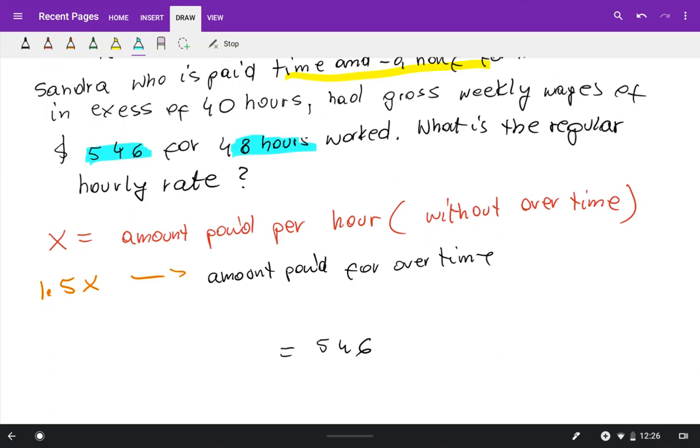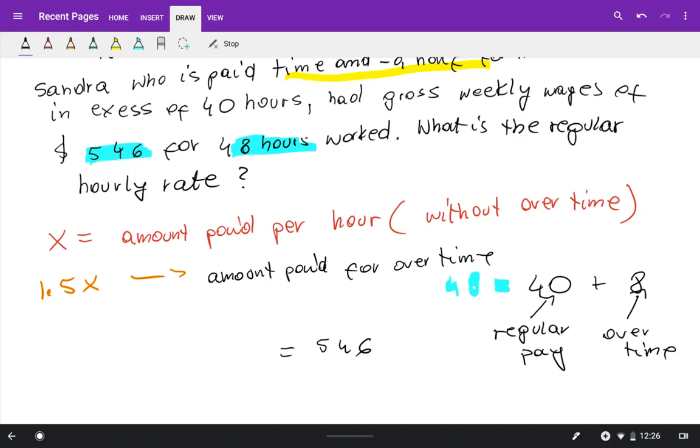We want to break down those 48 hours of work. We know that she has 40 hours of regular pay, and she has 8 hours of overtime.